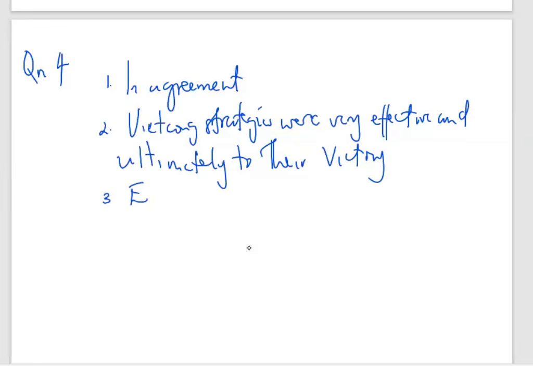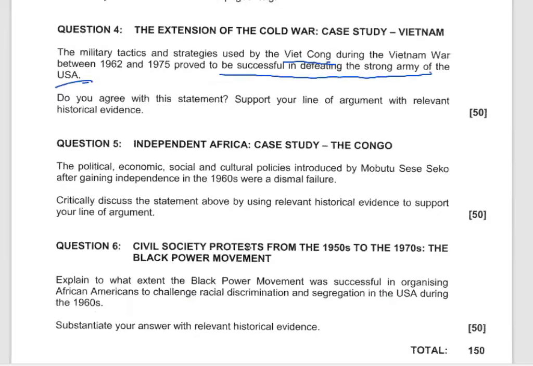You must agree with the line of argument because we know the result of the war was in favor of the Viet Cong. Then you must give reasons why you are agreeing. You support the idea that the guerrilla tactics were effective. And also you highlight that the American strategies were conventional and were not very effective against the guerrilla warfare tactics. Then you elaborate. That is your line of argument. That is your introduction, which is contextualized in the essence of this question.